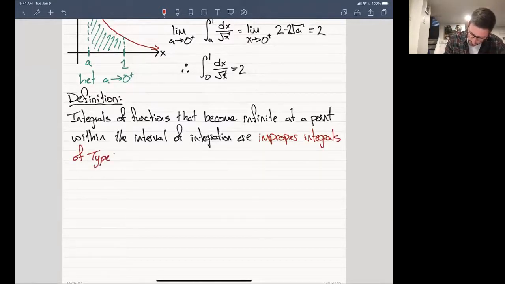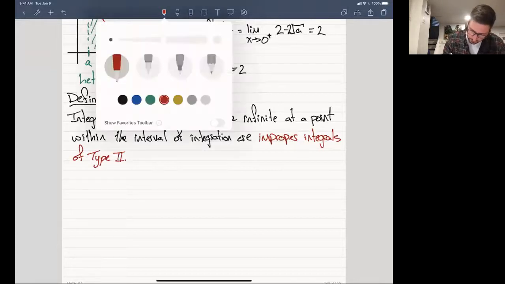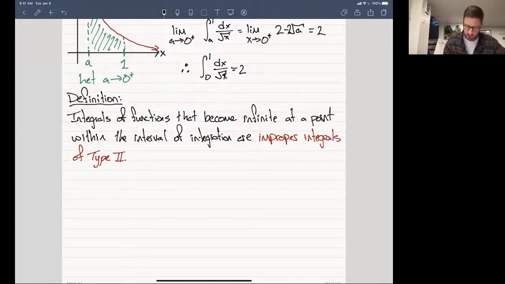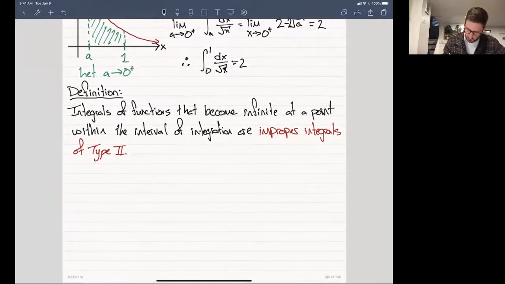And just like the type 1 integrals, we have 3 different ways to handle these things. So let me list them off.